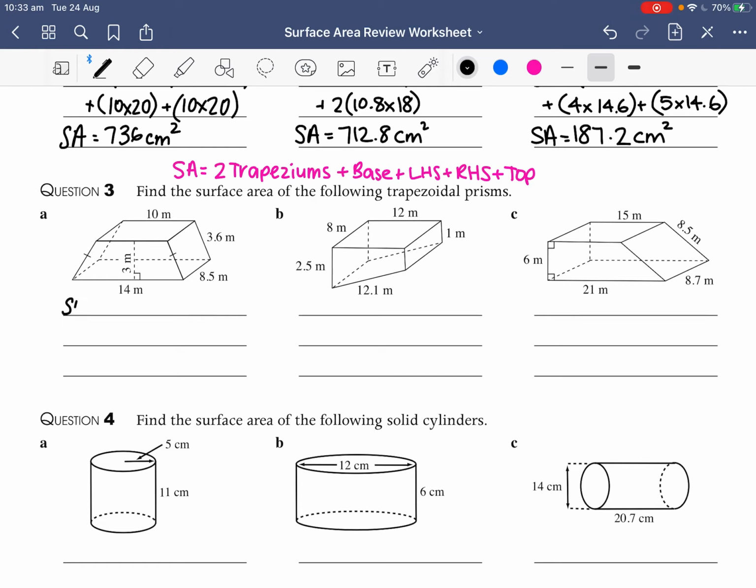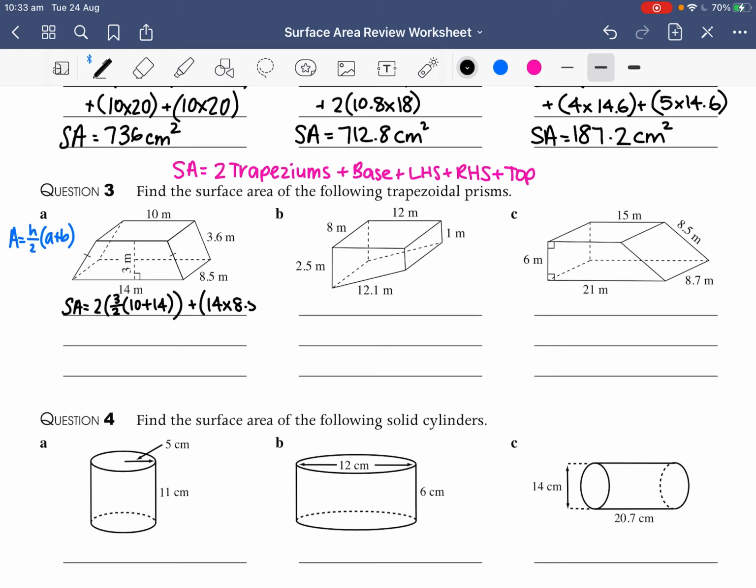So for our surface area, it's 2 of our trapeziums, and the formula for the area of a trapezium is h on 2 bracket a plus b. So it will be, our height is 3 on 2 bracket, our top is 10, and our base is 14. So it'll be 10 plus 14, plus our base is the rectangle 14 by 8.5.